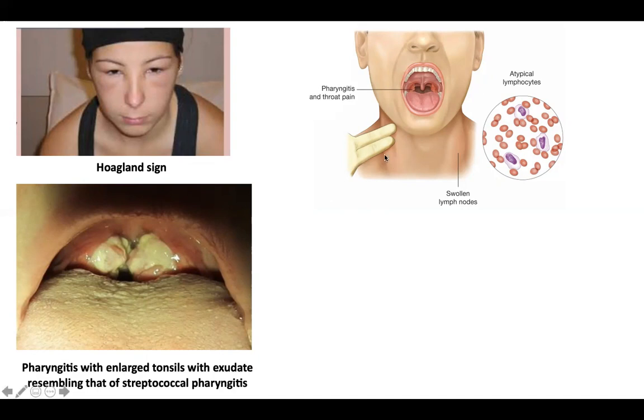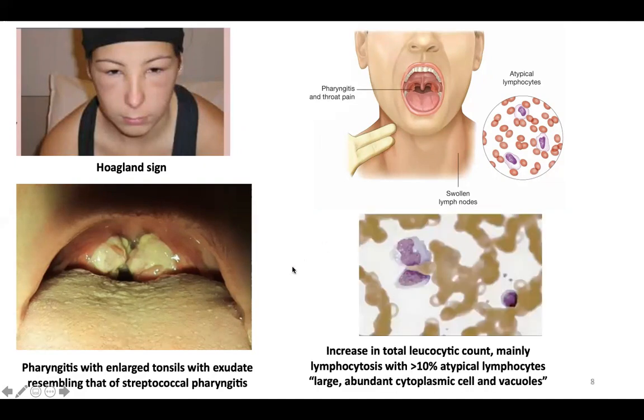So in general, we have lymphadenopathy, Hoagland sign, pharyngitis, and in the peripheral blood sample, we have lymphocytosis with more than 10% atypical lymphocytes. This is a very characteristic laboratory feature to discriminate Epstein-Barr virus or mononucleosis from other infections.